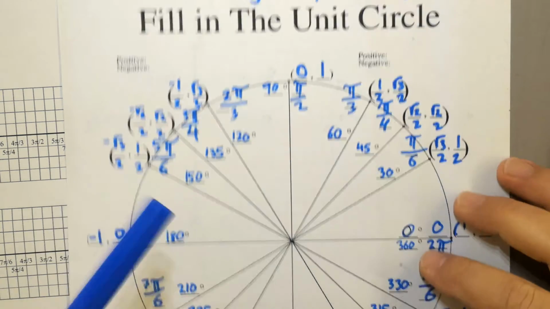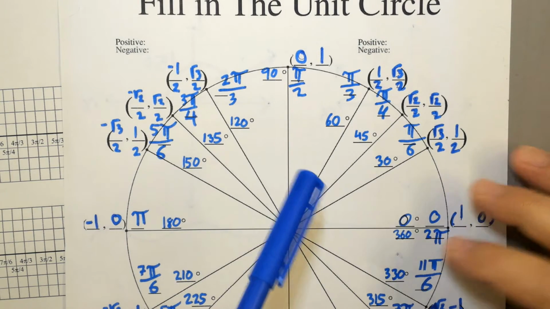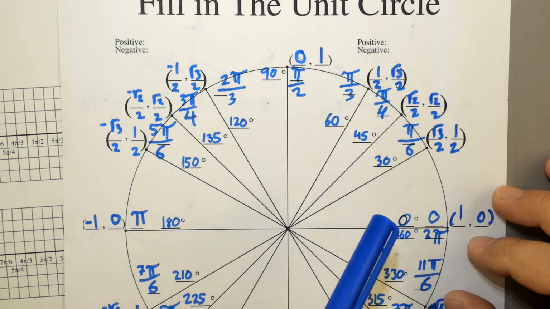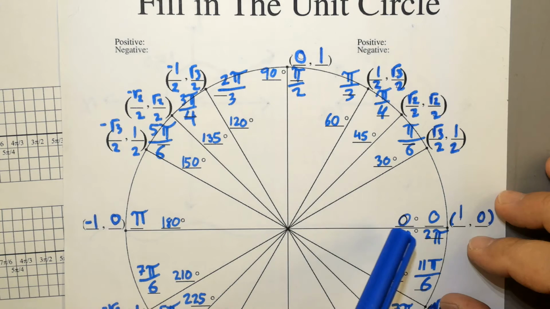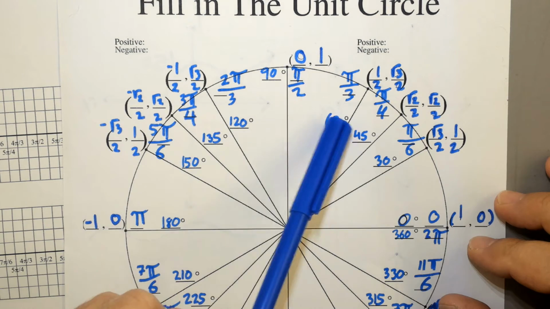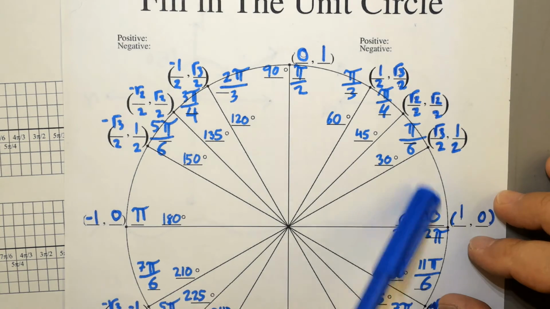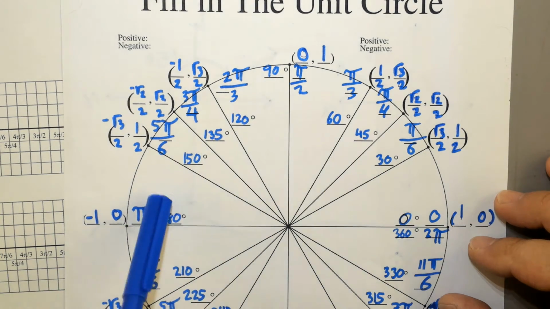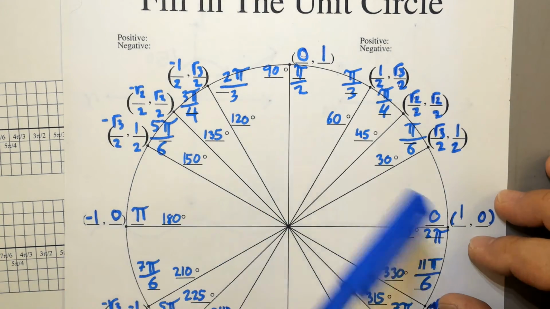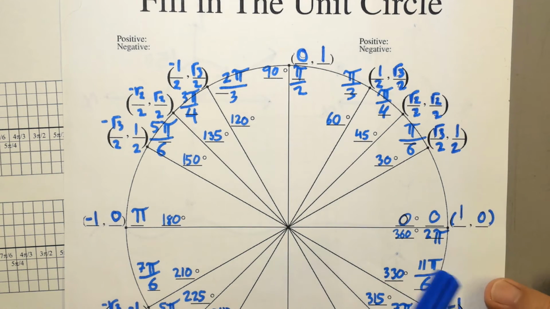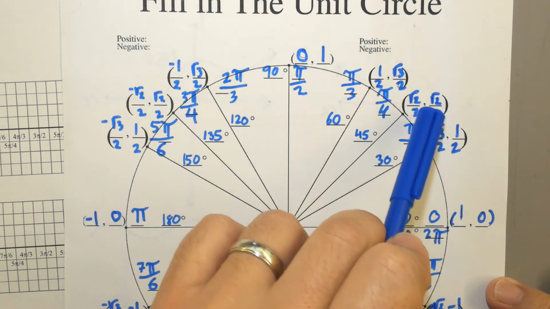But we've been studying the unit circle for a while, and now you should be familiar with how to plot the values in degrees for our angles as well as in radians, right? And then once we did that, we also were able to finally realize where these coordinates come from.